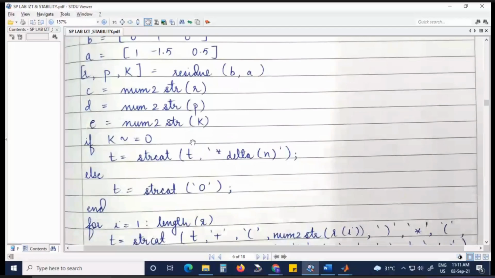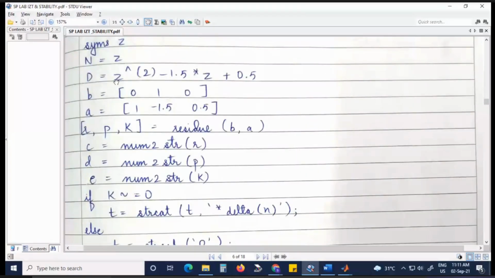Since this is a second order system, there are two roots in the denominator expression, z square minus 1.5 z plus 0.5. So for those two roots, two poles will be created. And this term k is a constant.